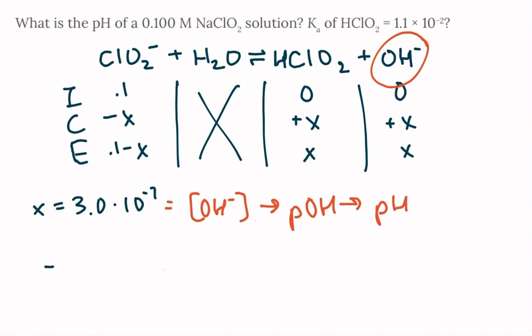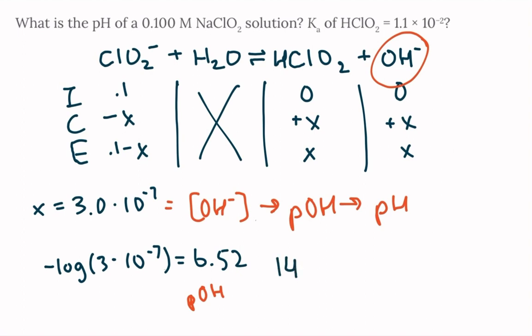So you take the negative log of the hydroxide ion concentration, 3.0 times 10 to the negative 7th, plug that into the calculator and you get 6.52. And since this is a pOH, we need to find the pH by subtracting that from 14, which is the total, and we get 7.48 as our final pH value.